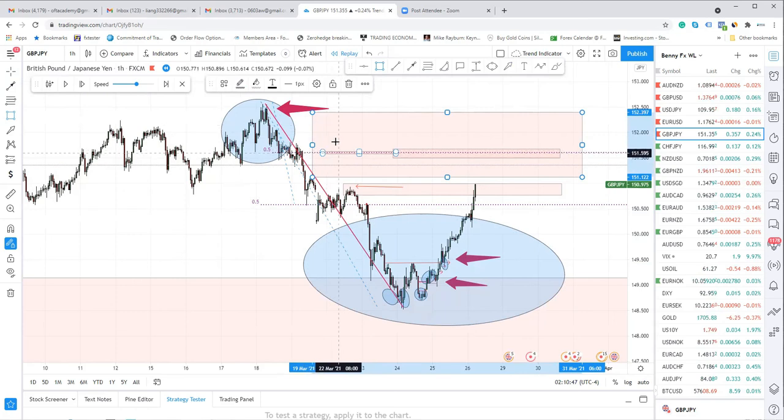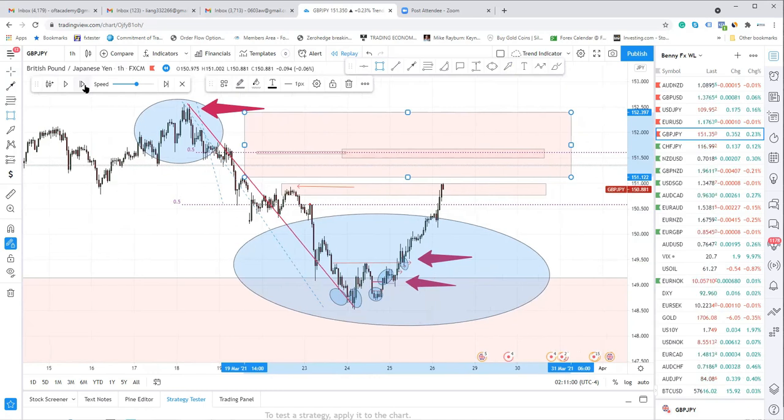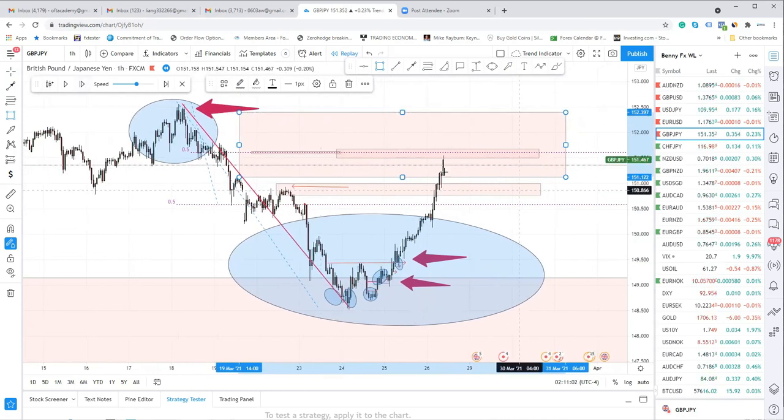But if you really want to go for the fences, you might want to look for the next swing high, which is the 50% or the 50%, which is 75% of this whole entire swing, all right? And let's see whether the price goes there or not. Yeah, it went there as well, right? It went to 75%.